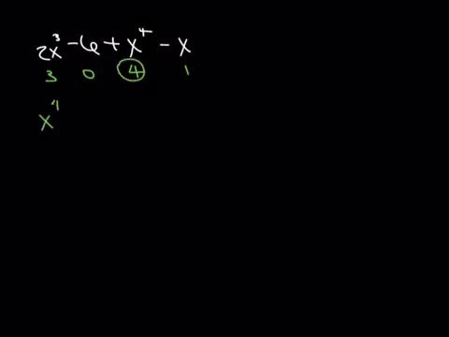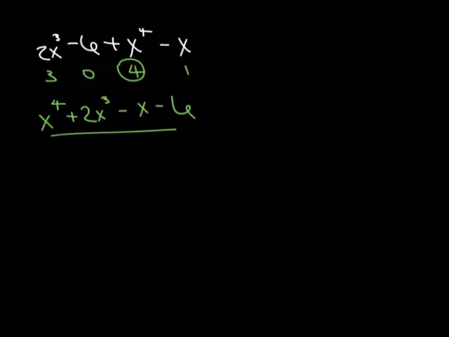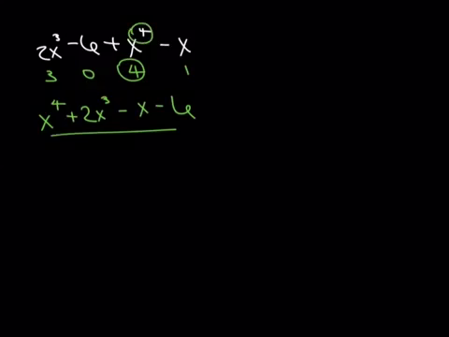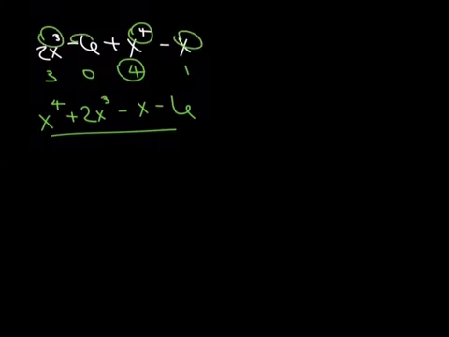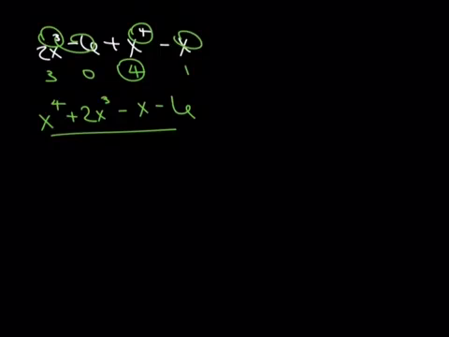So x to the 4th plus 2x cubed minus x minus 6. There you go. So I did the 4, the 3, the 1, and the 0 in that order. Not much to that.